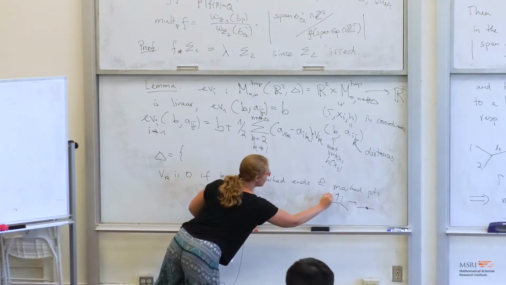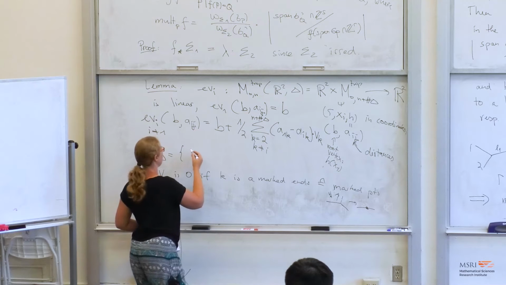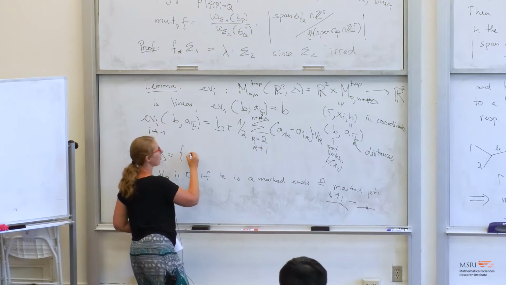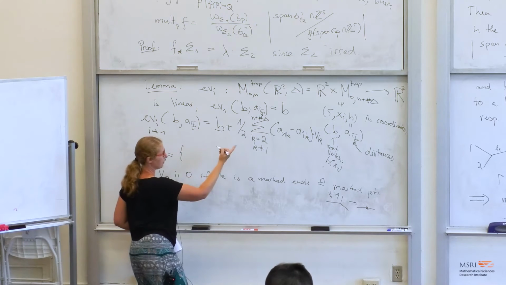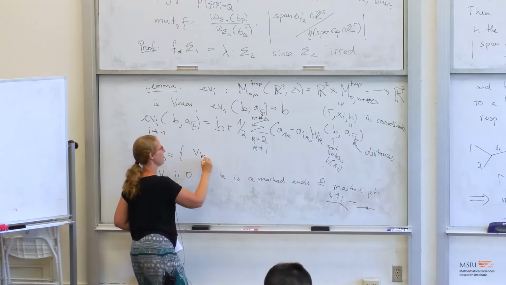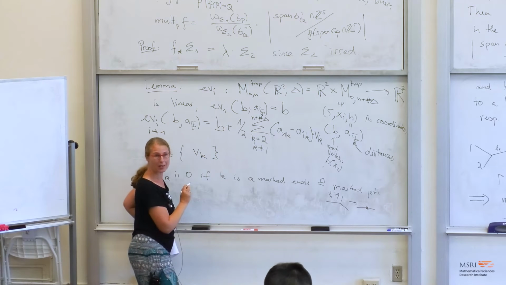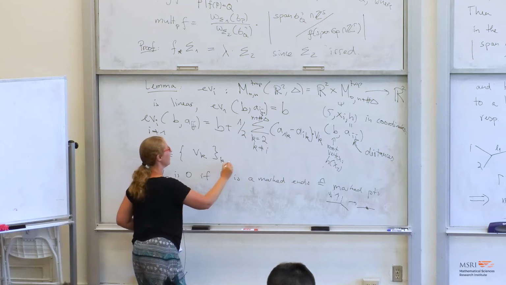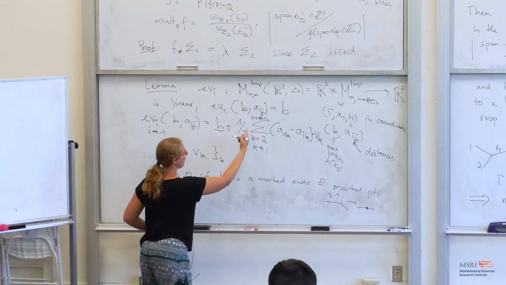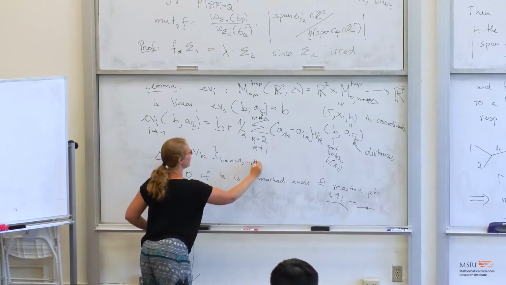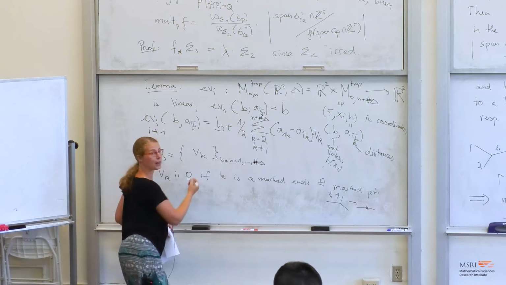And otherwise delta contains some vk's, for k from n plus 1 to the number of elements in delta. These are the directions.